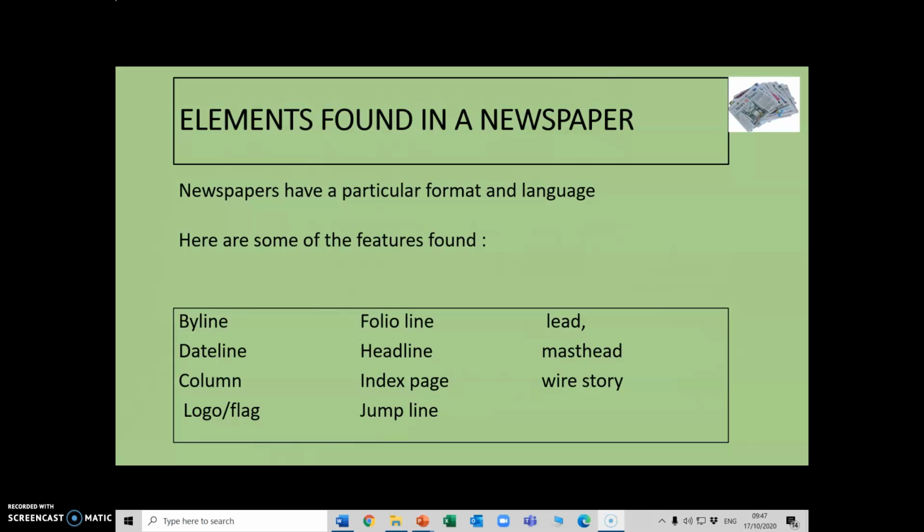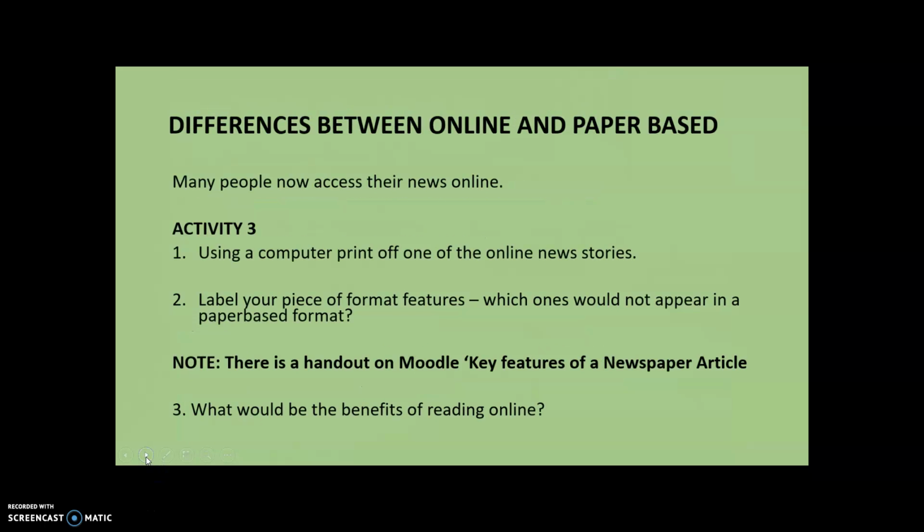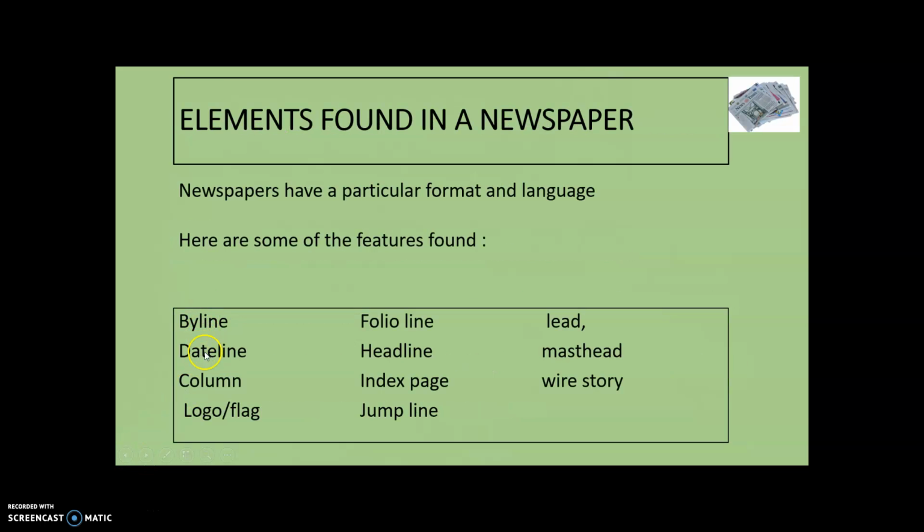So just have a look at them, and obviously some of this is new to you. But on the Moodle, I have a handout entitled Key Features of Newspaper Articles. So this will explain what all these mean. So go and grab a copy of that and you can have a look.